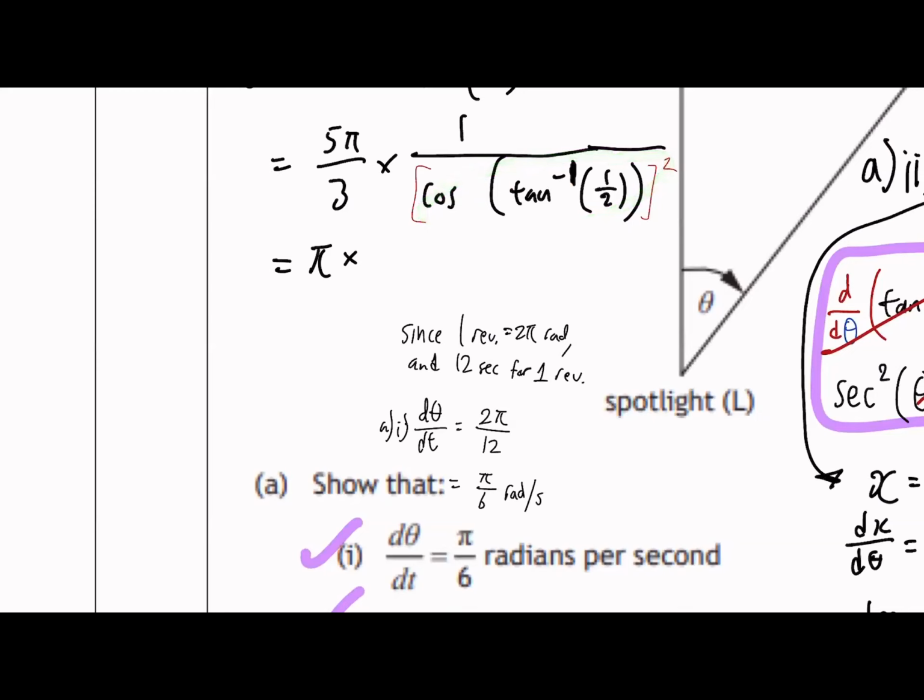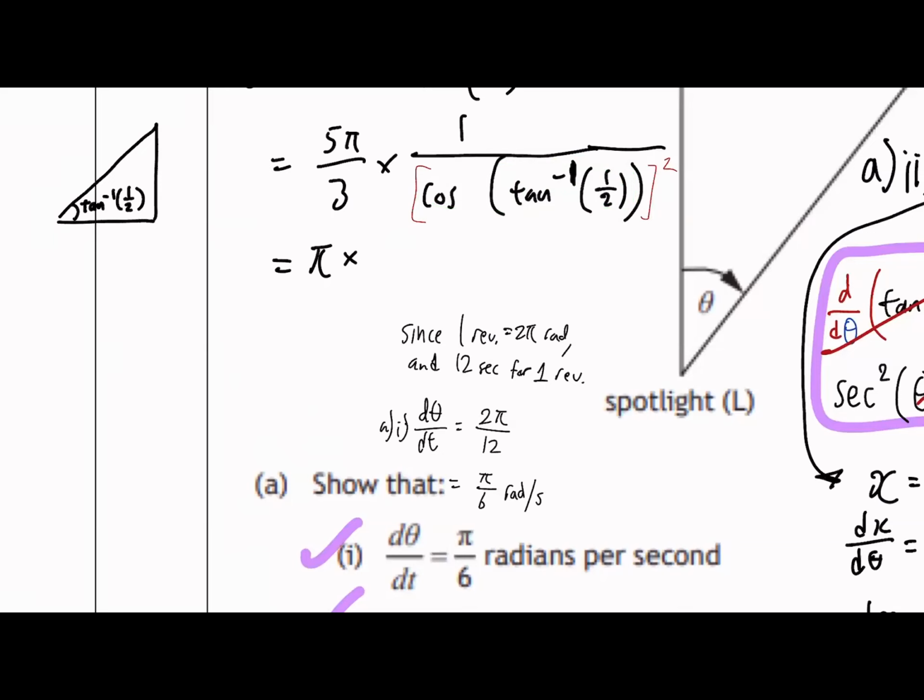So what we need to find out is this cosine of tangent inverse half. First thing you should do straight away is to draw a right angled triangle. Give this angle here the name tangent inverse of half. You must remember when you inverse, it becomes an angle. This whole thing becomes an angle. Make sense?